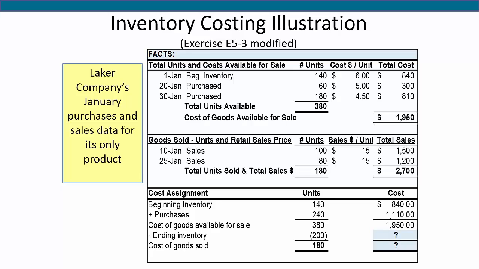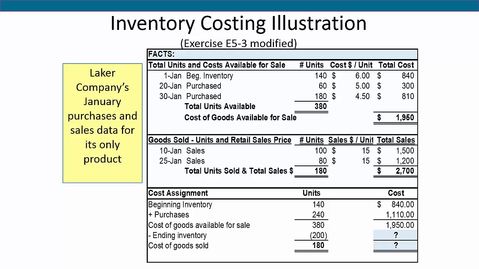Now, Laker sells one product, and its January purchases and sales data are shown on this slide and in the textbook. It starts January with 140 units in inventory, purchases 240 units, sells 180 units, and ends the month with, okay, 200 units. Beginning inventory was valued in the books at $840, and purchases cost $2,700.